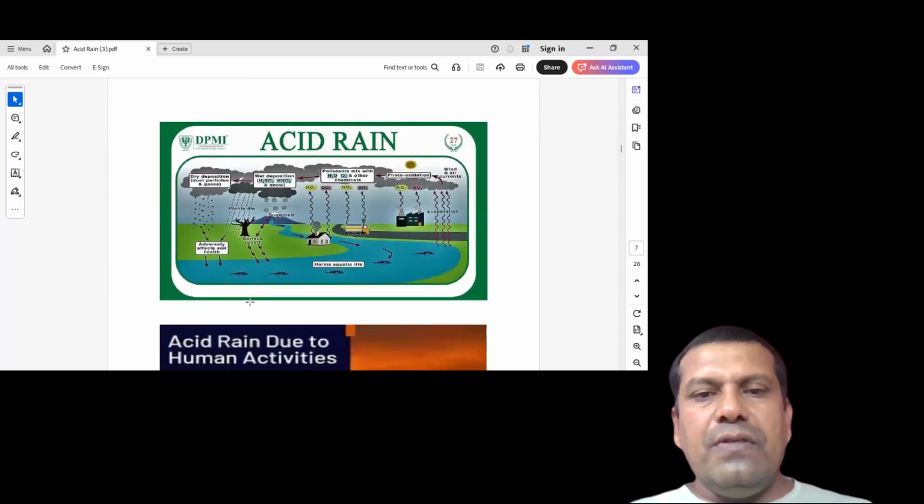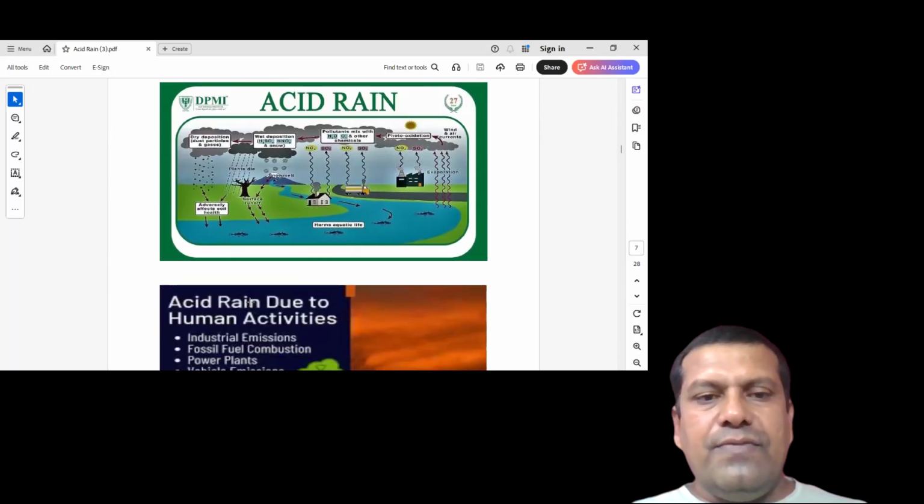So here the picture depicts acid rain, like whatever we discussed, the man-made sources and the natural sources. There are various sources here, like the eruption of a volcano, and how acid rain is impacting the plants. The pollutants mix with water, oxygen, and other chemicals.